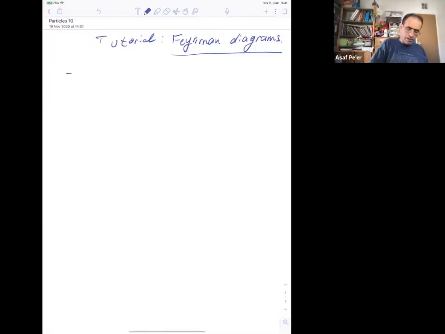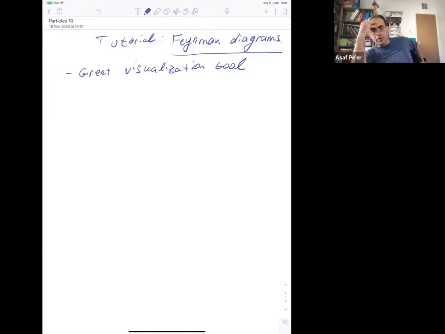So this is a great visualization tool. But I'm misjudging it when I say it's a visualization tool, because it's not just a visualization. You learn it more properly when you do quantum field theory.